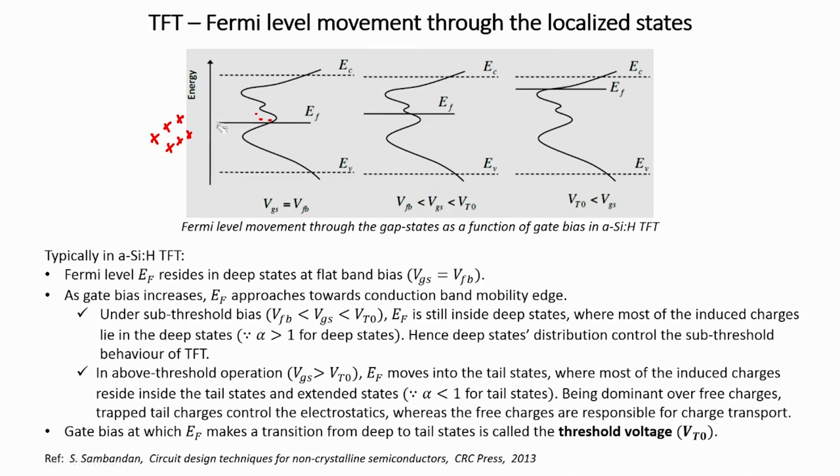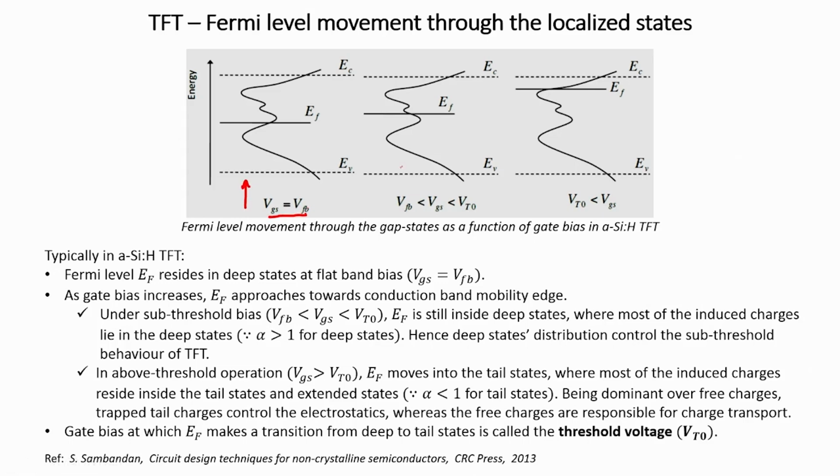Or in other words, all the positive charge that we are applying on the gate is being compensated by the trapped charge that is appearing in the gap states as the Fermi level makes its move towards the conduction band edge. Let us say that figure 1 is the position where your VGS is equal to flat band. So, all bands are flat at this point.